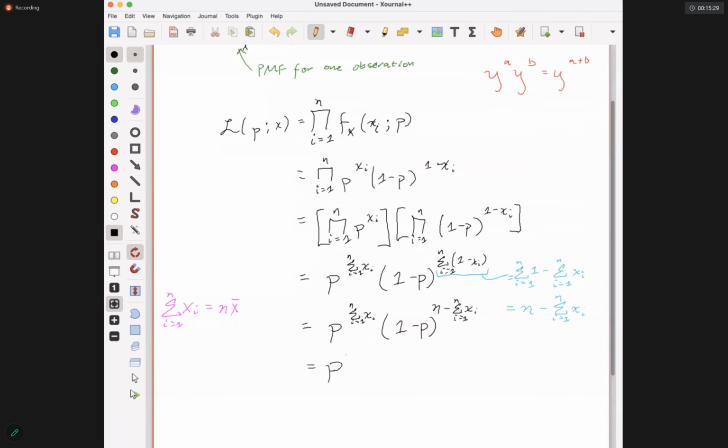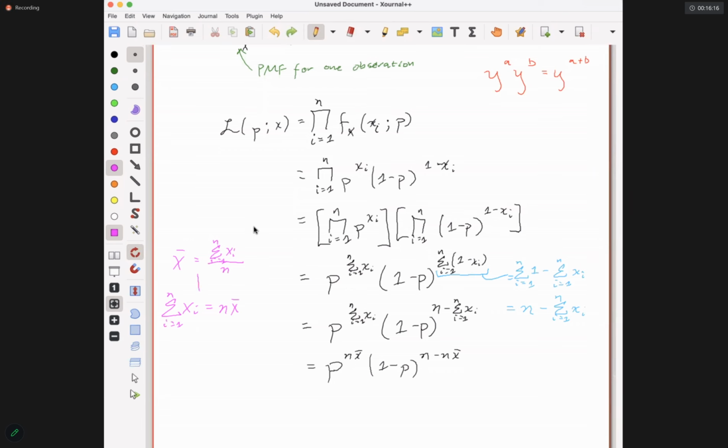Well, we know that x bar is just defined as the sum of all of our observations divided by the sample size.